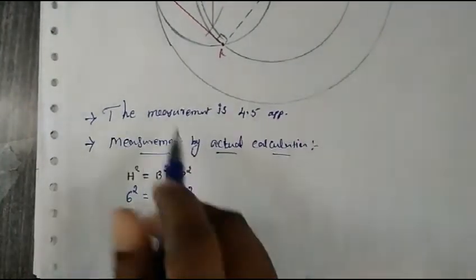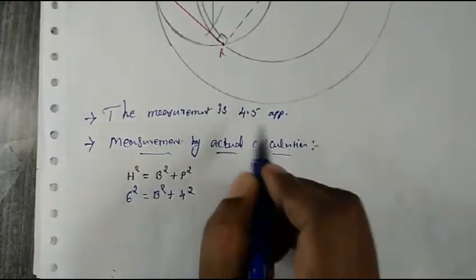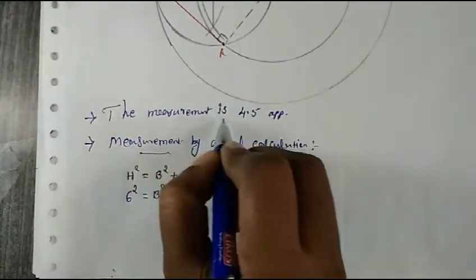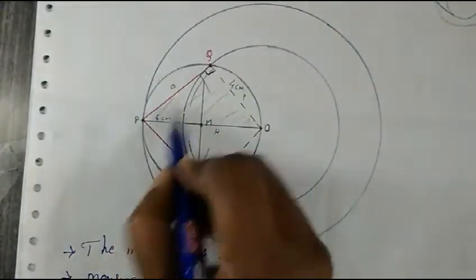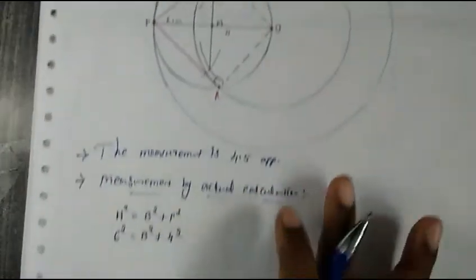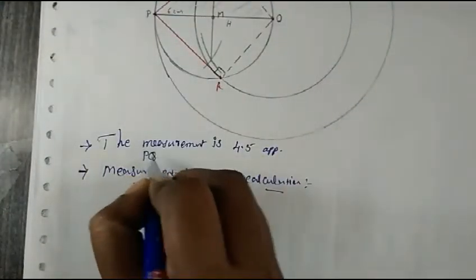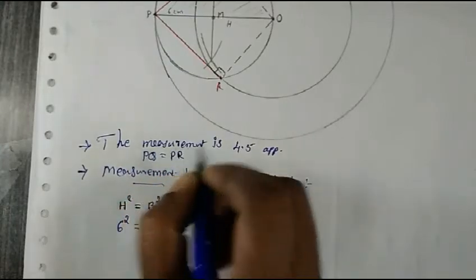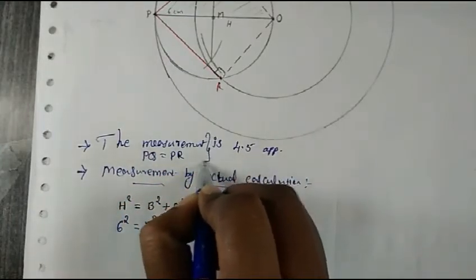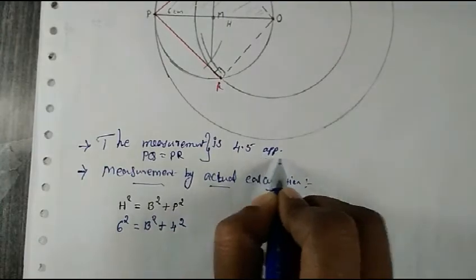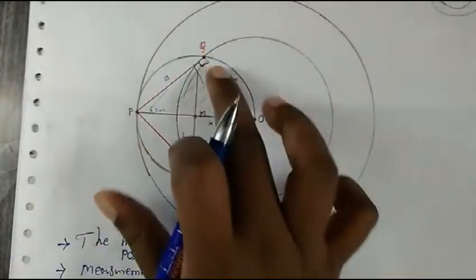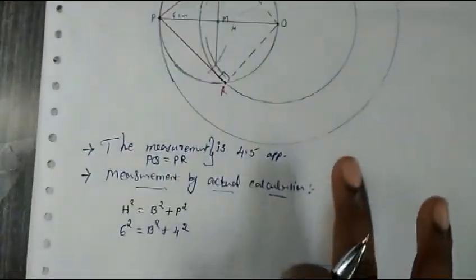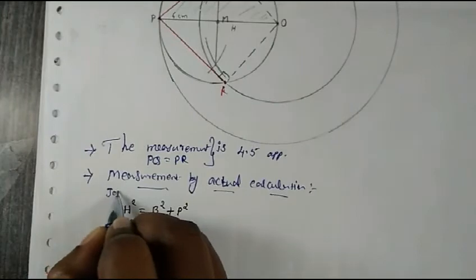By the way, let us write down: the measurement is 4.5 approximately. Measurement of what actually? The measurement of tangent, right? This is tangent PQ and PR, which is 4.5 approximately. Now, for the actual calculation, what we did first to make it a right angle triangle, we joined, right? So we can mention that here.